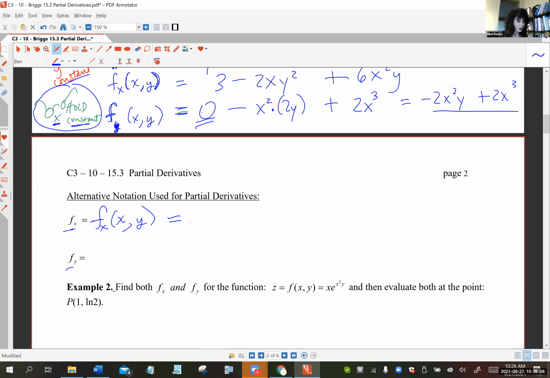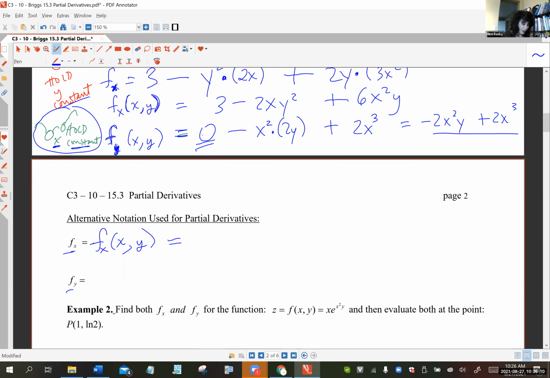Now I'm going to introduce you to the D notation. You may see it as df over dx, but this is not the regular D that you saw in a Calc 1 or Calc 2 class. These D's have what's called melted stems.